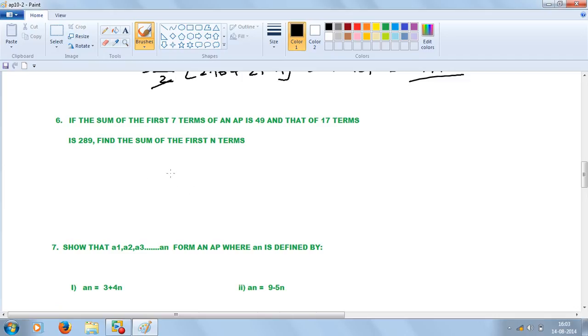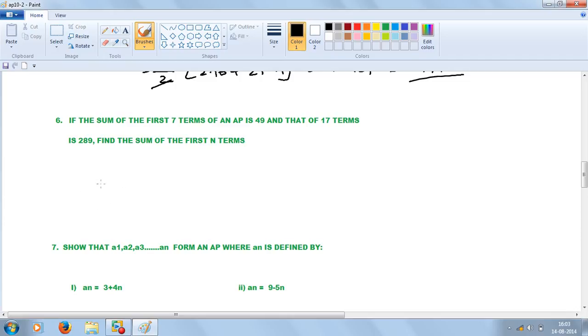Next sum: if the sum of the first 7 terms of an AP is 49 and that of 17 terms is 289, find the sum of the first n terms. You didn't say, well, tell me the formula. What is the sum of n terms?